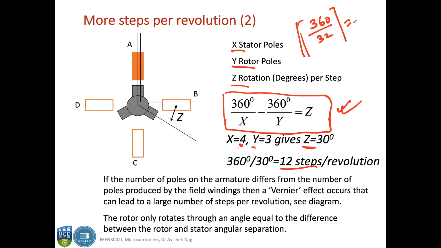So that will give you about how much? About 12 degrees. Okay, so you can have this equation: 360 degrees by X minus 360 degrees by Y equal to 12 degrees. Okay, and then you can find out X and Y that satisfy this.